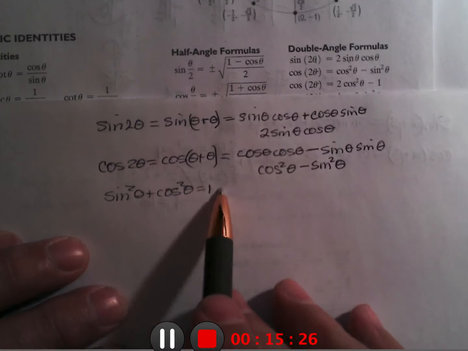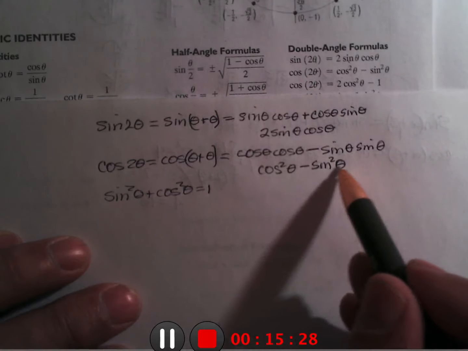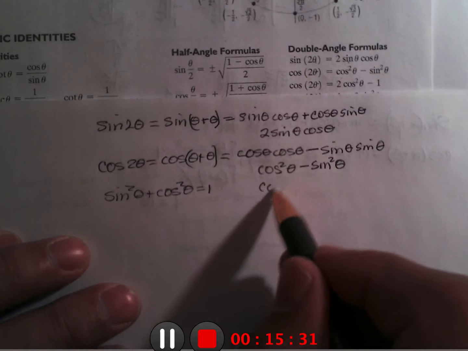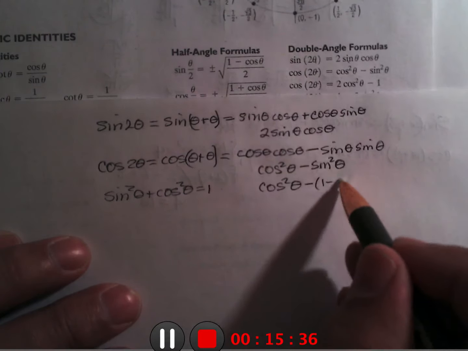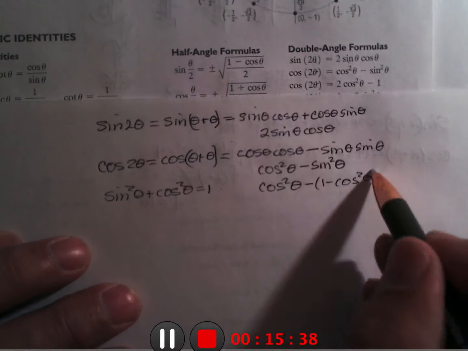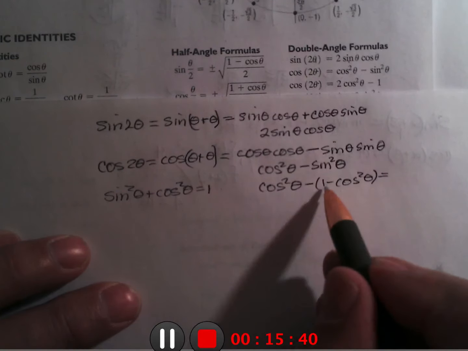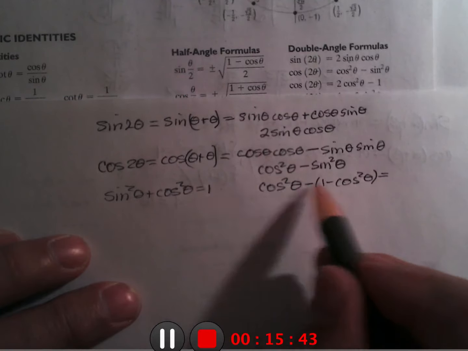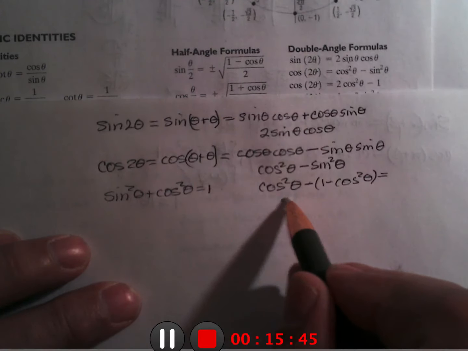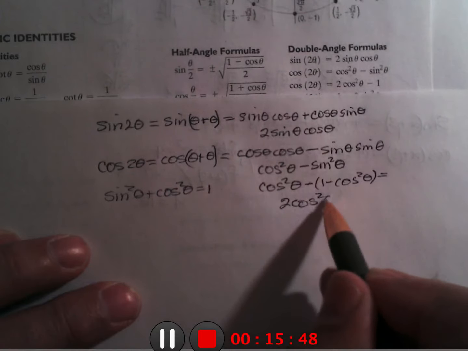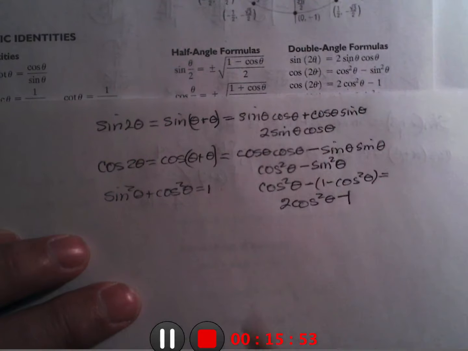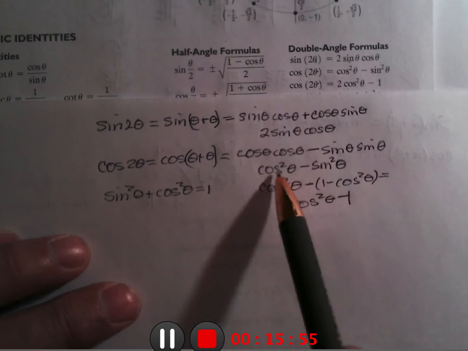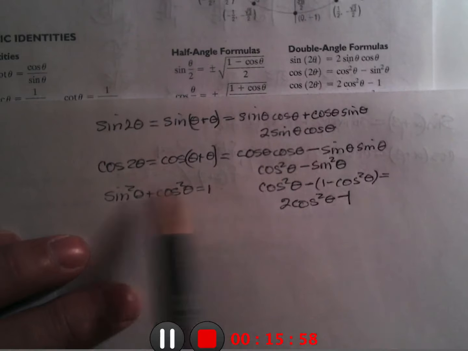So if we put in 1 minus cosine squared there, we get cosine squared theta minus (1 minus cosine squared theta), which turns out to be cosine squared, and minus minus is another cosine squared. We get 2 cosine squared theta minus 1. That's this identity. And if you replace the cosine squared with 1 minus sine squared, you'll get that identity.